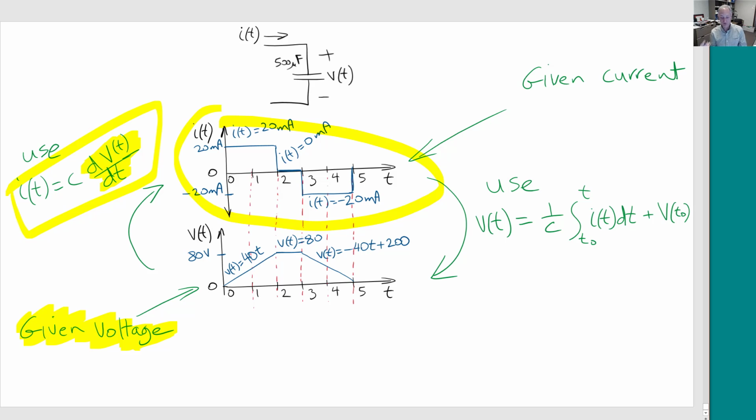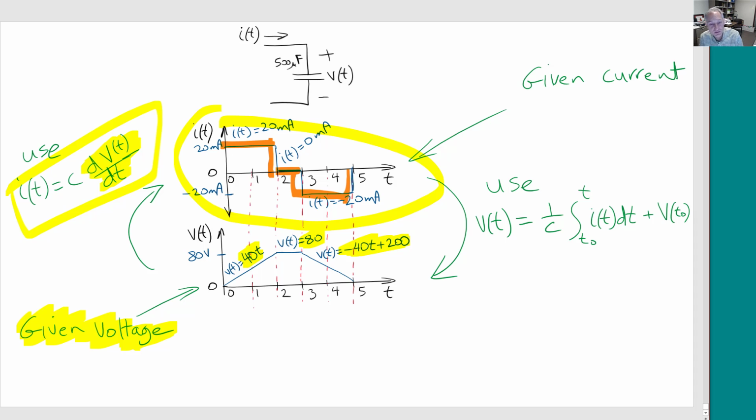Where do you get the voltage from? You're going to have to get the functional representation of the voltage in each of the pieces if it's given like this. You take the derivative of that, multiply it by the capacitance, and then you will obtain your nice current waveform.